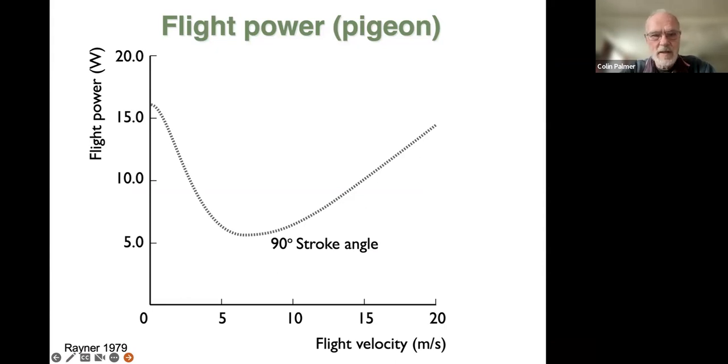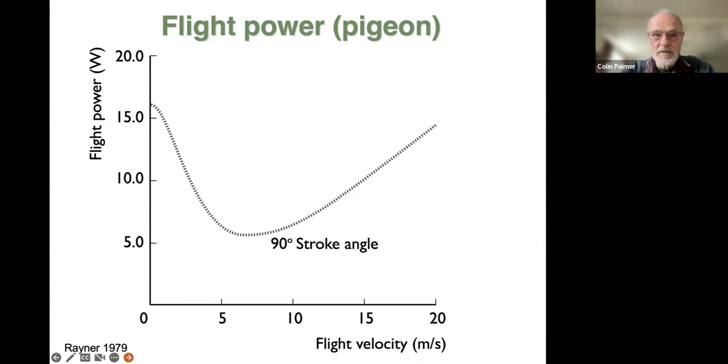He is the expert on the subject, really. And this shows the calculated flight power for a pigeon against velocity. And this is at a 90-degree stroke angle. So in other words, the wings are going up and down 45 degrees.